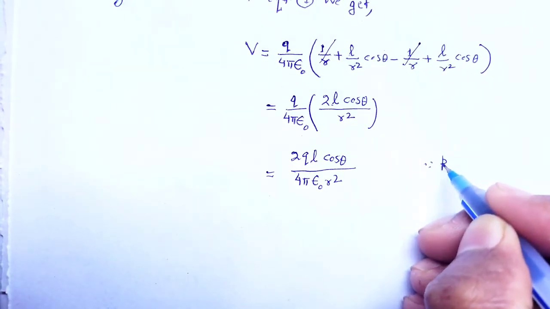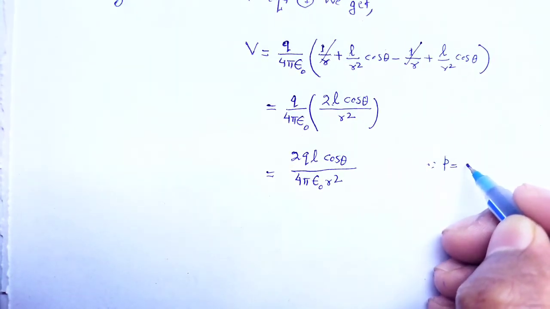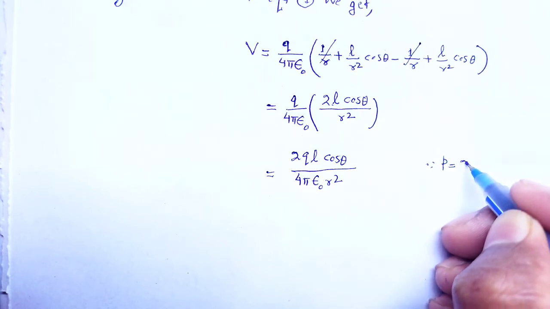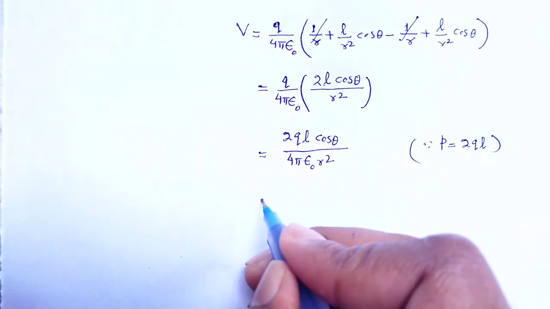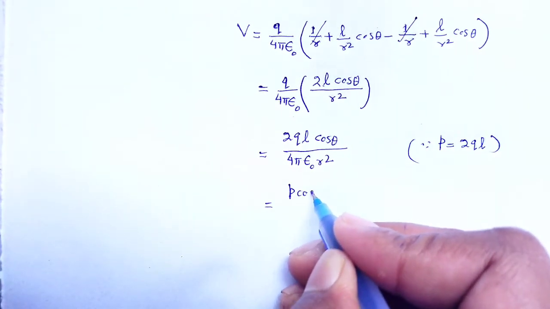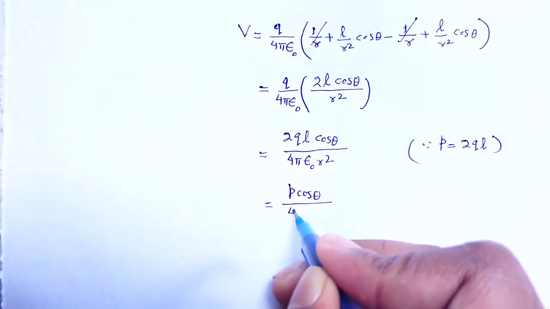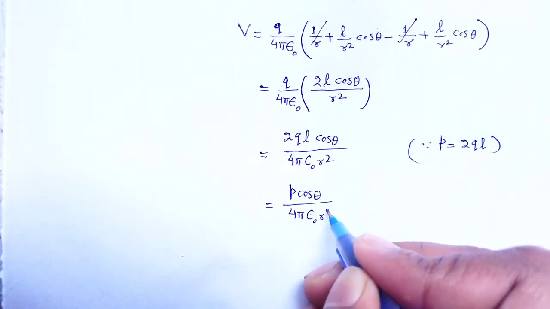Here the dipole moment P is equal to charge into length of the dipole, that is 2QL, so that is P cos theta divided by 4 pi epsilon naught r square.